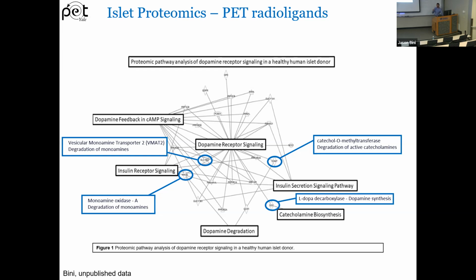So there's definitely some interplay here between the dopamine receptor and insulin system. And now we can hopefully look at quantitative proteomics to see how these proteins are changing as we stress them in different ways and try to mimic diabetes.